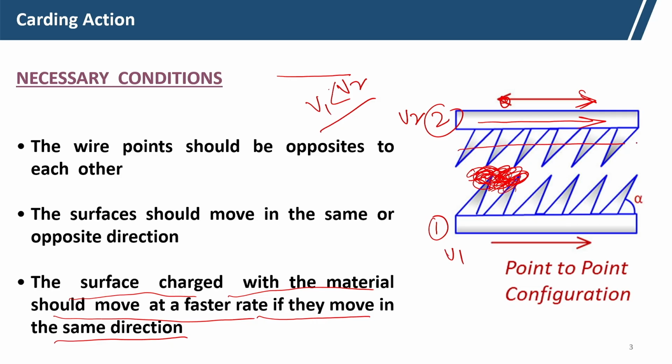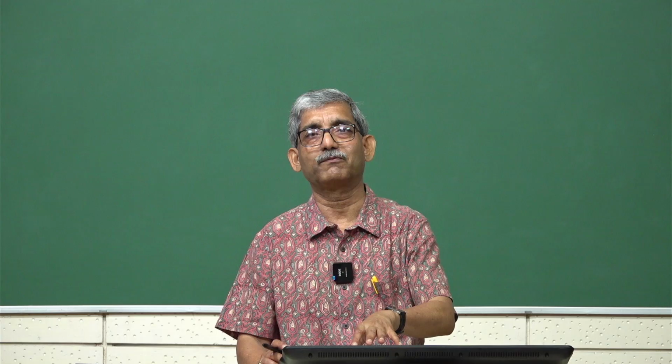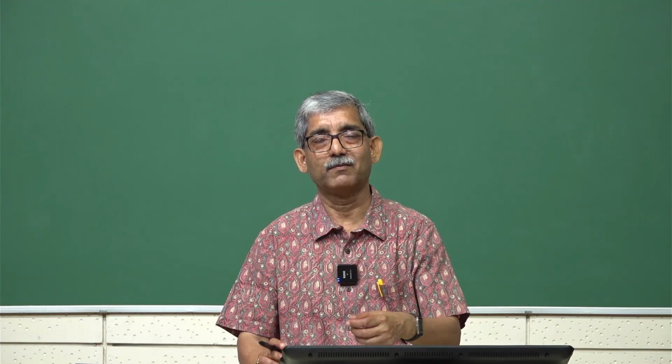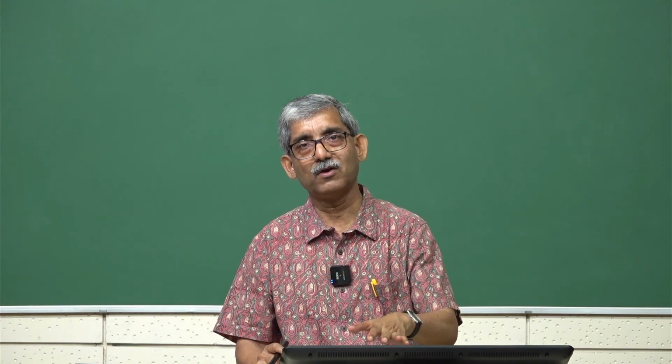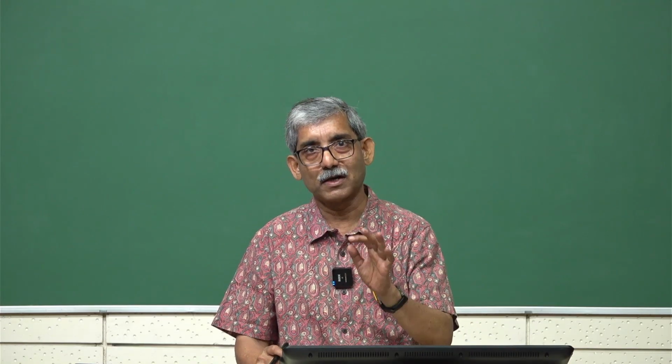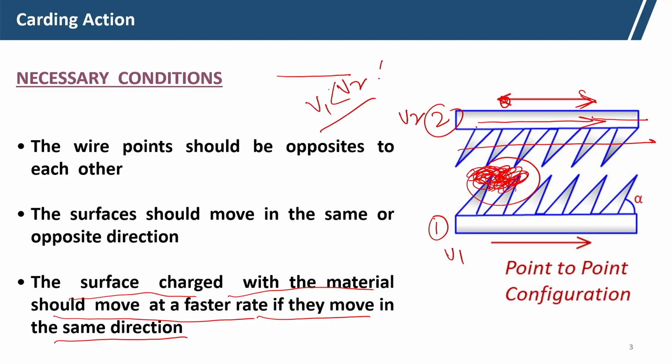Surface 1 is carrying the fiber, waiting for the fibers to get opened by resistance from surface 2, but as surface 2 is moving at the faster speed, it will not have any impact on fiber opening, fiber segregation or fiber individualization, because it will not have any resistance. That is why it is not done.